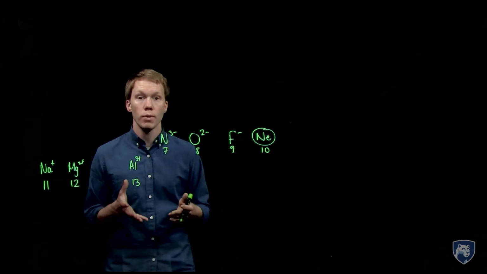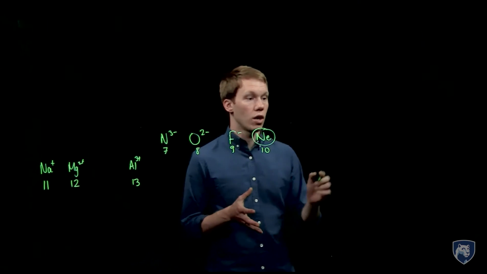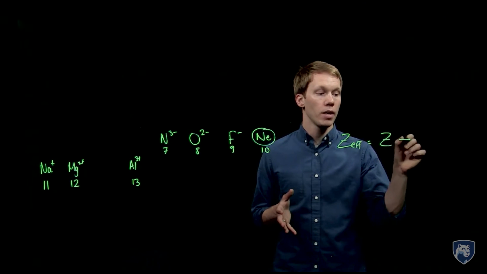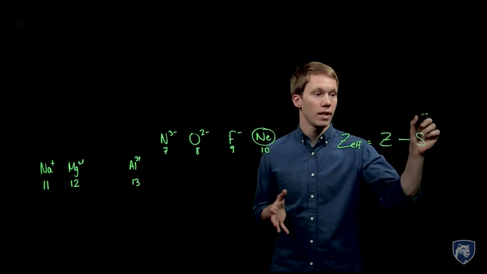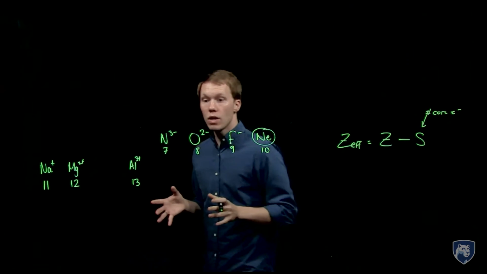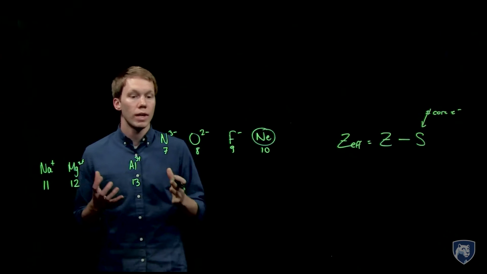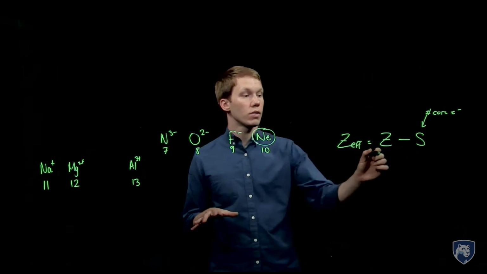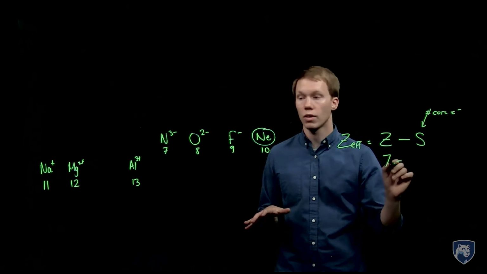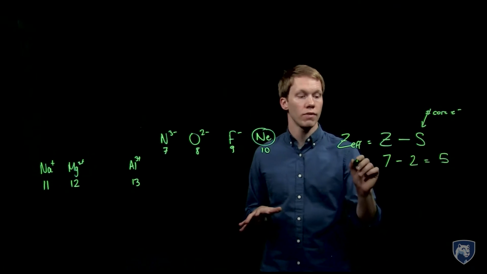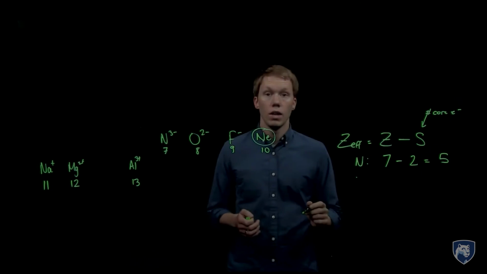And remember, our simple calculation for effective nuclear charge is equal to the atomic number minus the shielding constant, and this is the number of core electrons. So, for example, nitrogen would have 7 protons, so 7 minus the core electrons, which is 2, would give an effective nuclear charge of 5 for nitrogen.